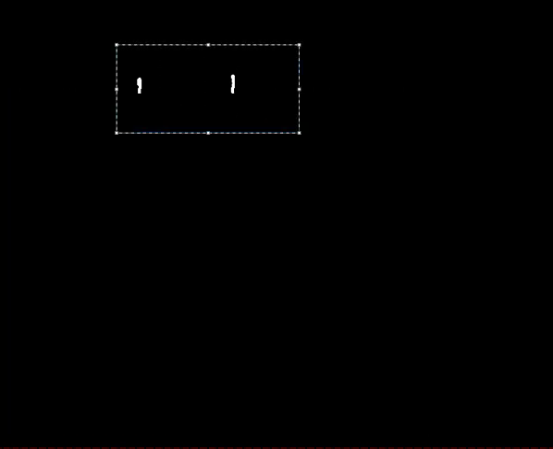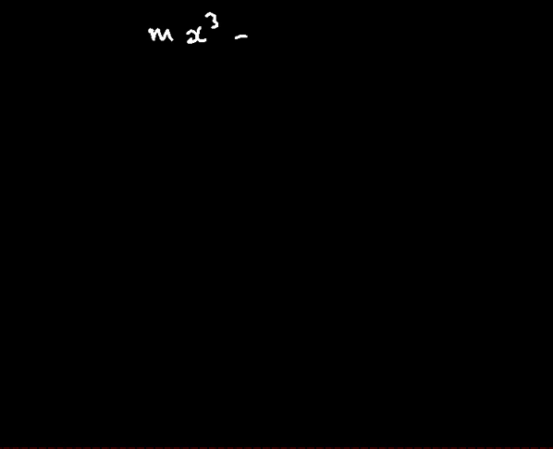What if we have, let's say, something like this. Let's say if we have the polynomial which is given as m x to the power 3 minus 2x squared minus n plus 2. And when this one is being divided by, let's say, 2 minus x, the remainder is given as 0.